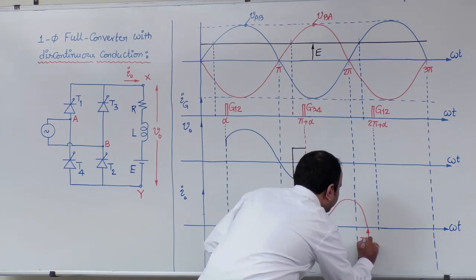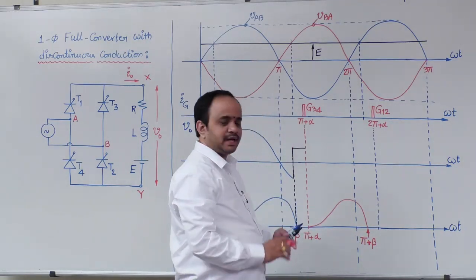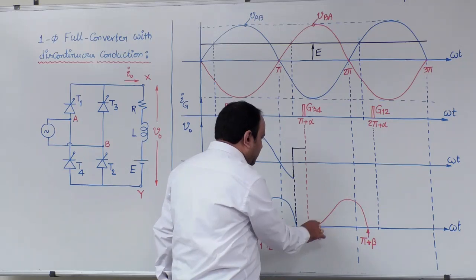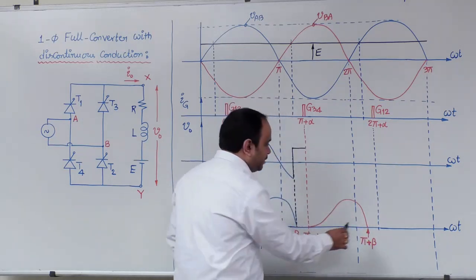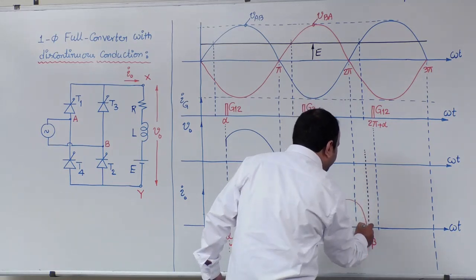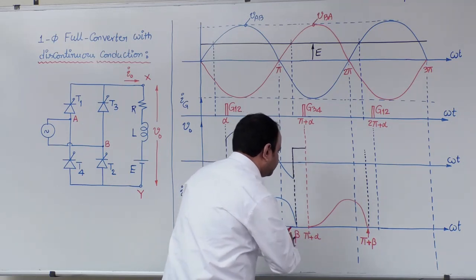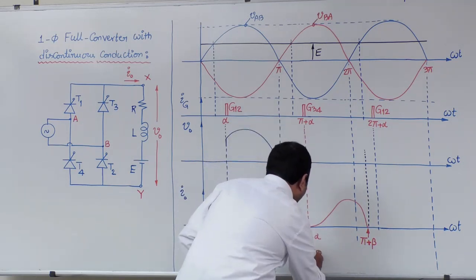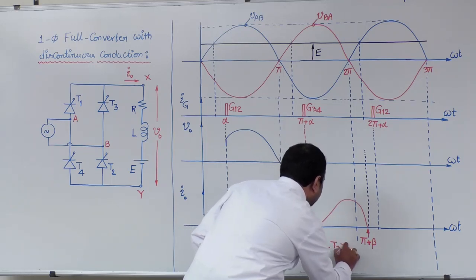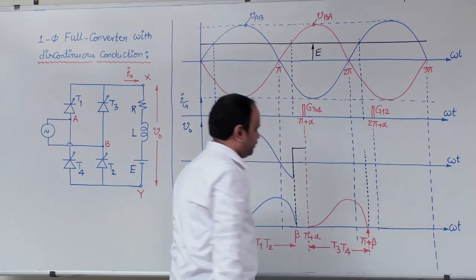This angle is pi plus beta. Therefore, pi plus alpha to pi plus beta, what are the conducting devices? Conducting devices are T3, T4 devices.